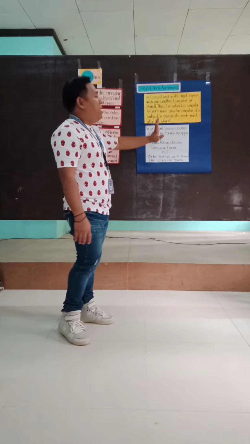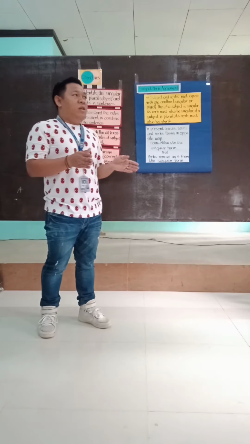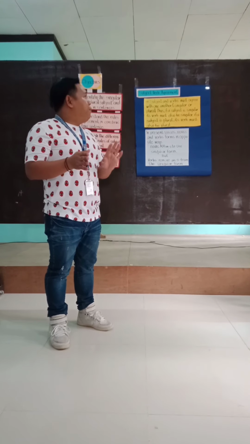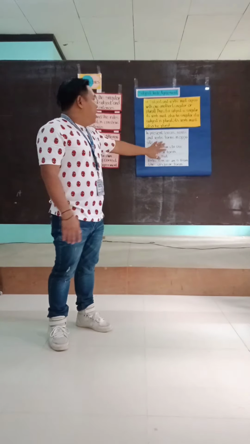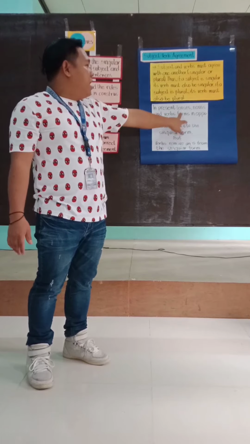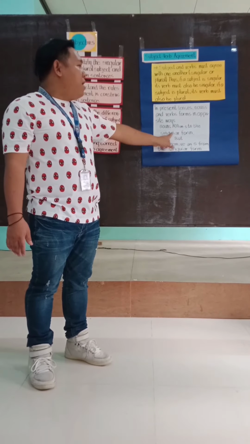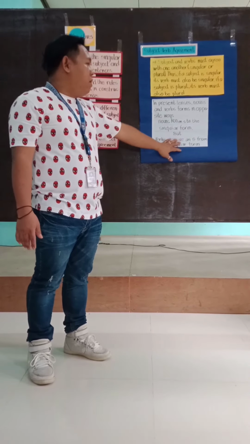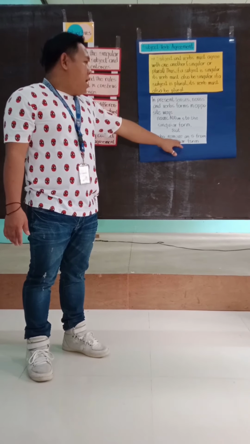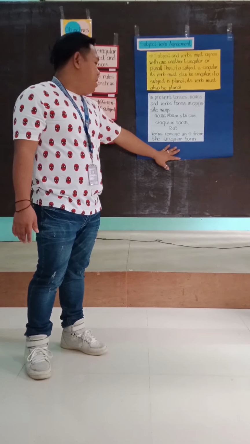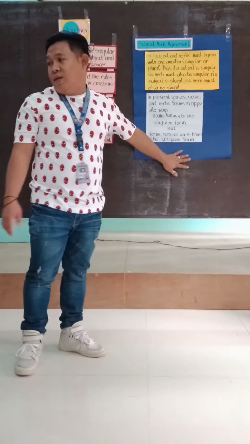It's clearly stated there that the subject agrees with the verb. But in present tense, noun and verb form in opposite ways. A noun adds an s to the singular form, but a verb removes the s from the singular form. I have some examples here.